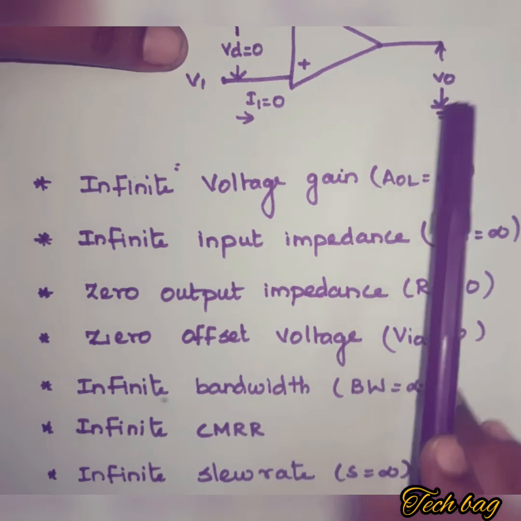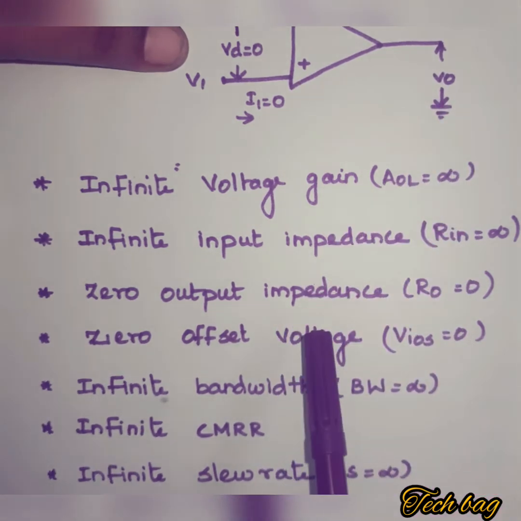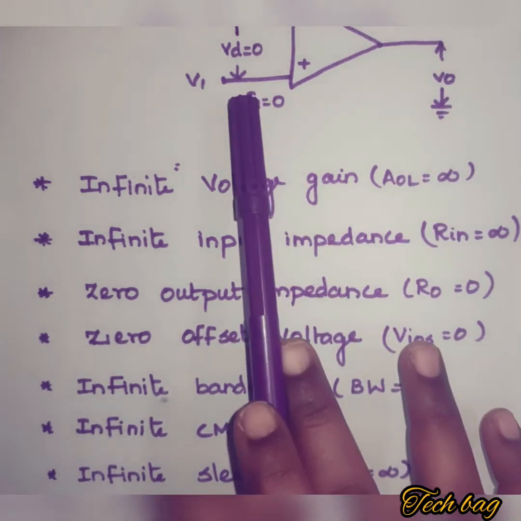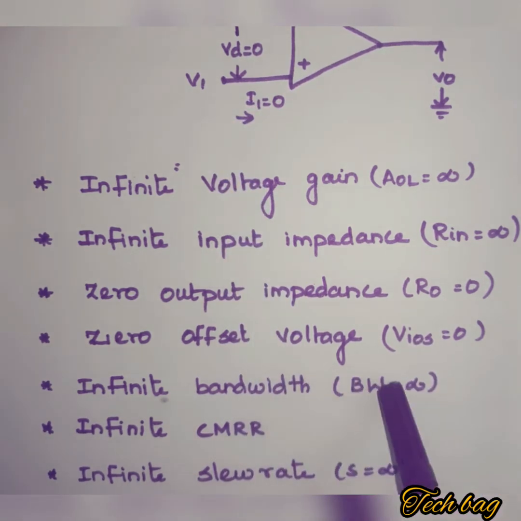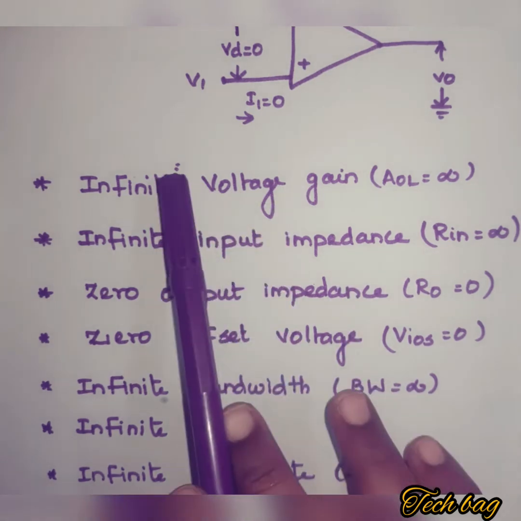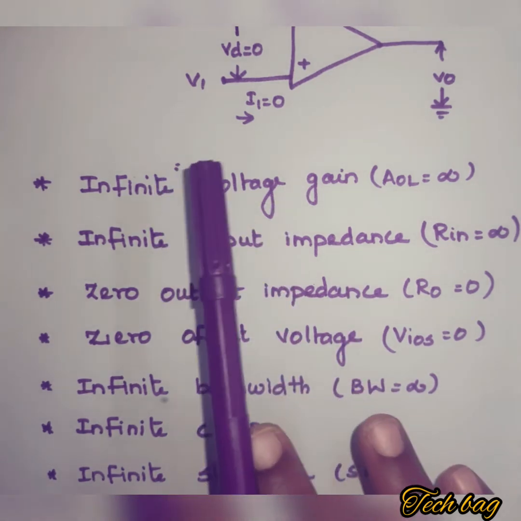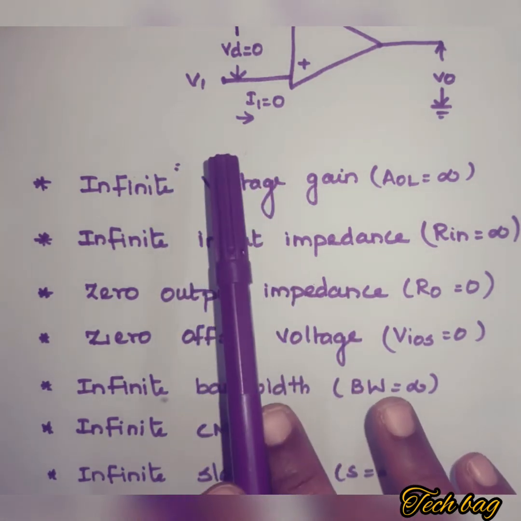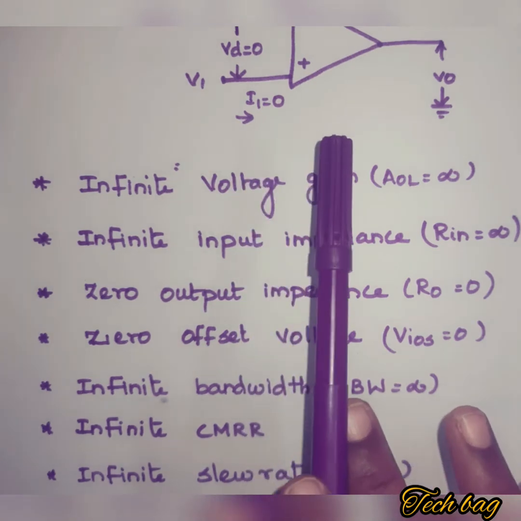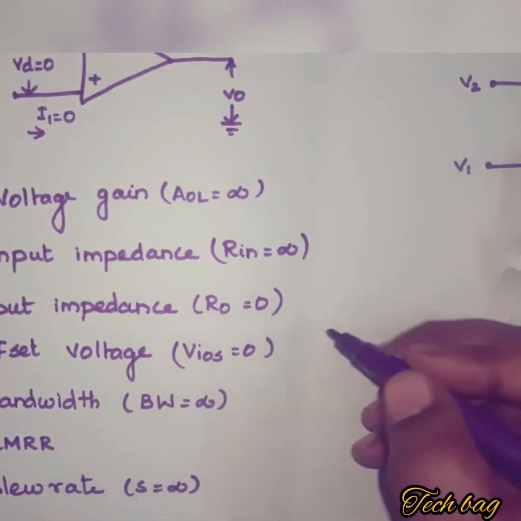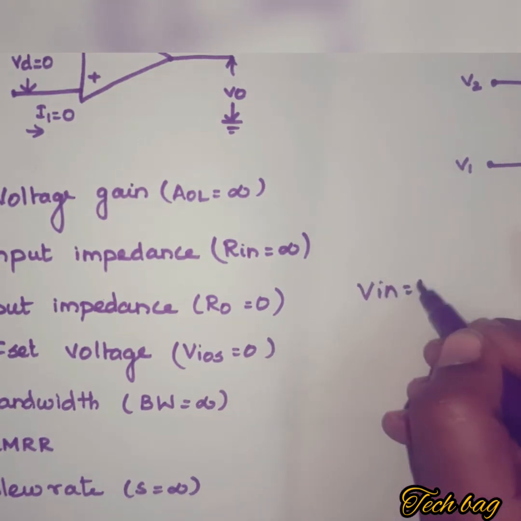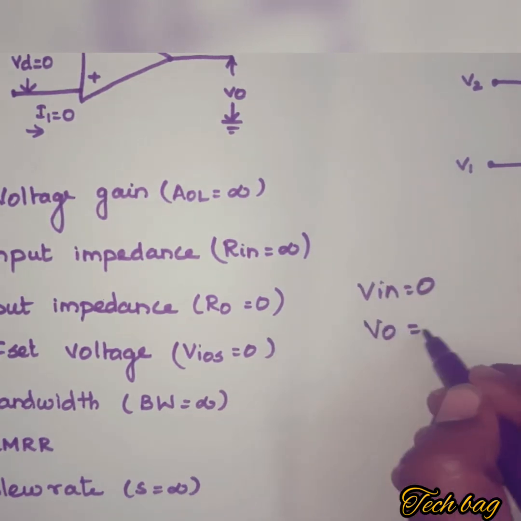That output voltage is called offset output voltage. But in ideal operational amplifier, that offset voltage is 0. The meaning is, if the input voltage is 0, the output of the ideal operational amplifier is also 0.